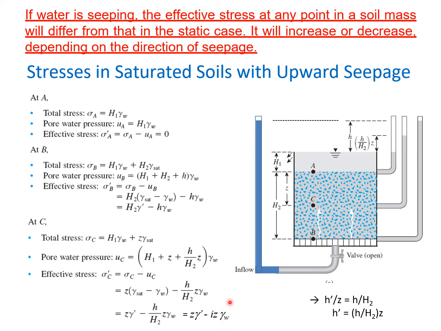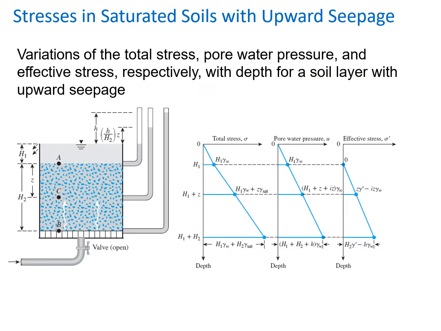So what does this mean? What's the effect on the effective stress when the seepage is in the upward direction? Variation of the total stress, pore water pressure and effective stress respectively with depth for a soil layer with upward seepage, you would find over here.